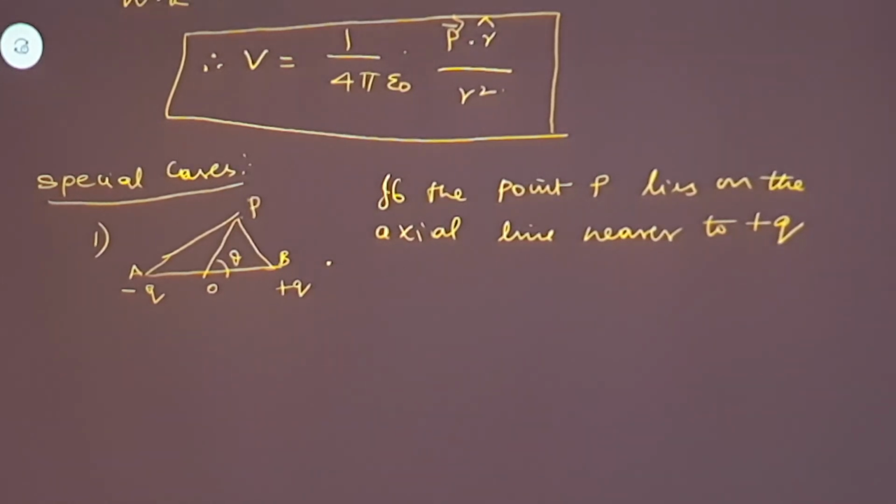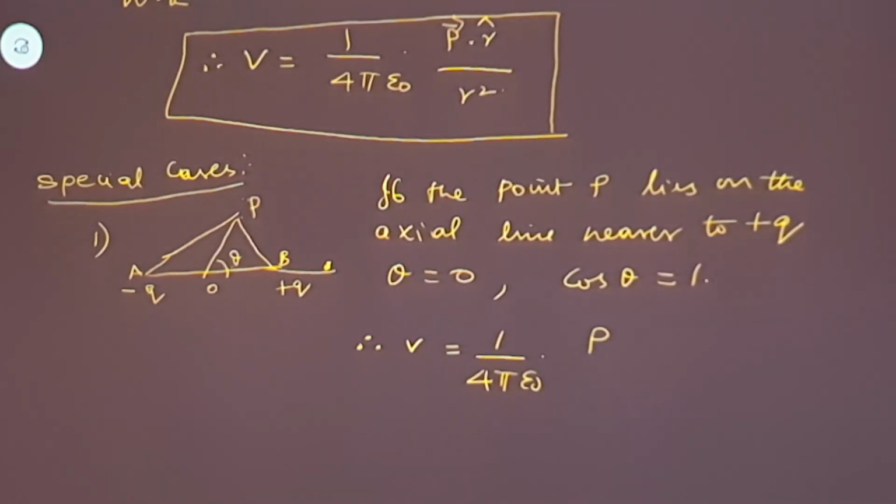Theta will become 0, because if the point P is here, then if you are extending this, angle theta will become 0. If theta is 0, cos theta will become 1. Therefore, substituting in the above equation, potential is given by the formula 1 by 4 pi epsilon 0 P divided by R square. Instead of cos theta, I am substituting 1. This is the first special case.